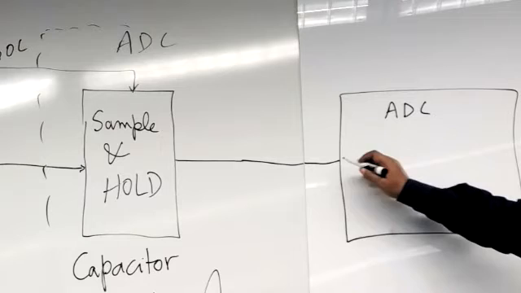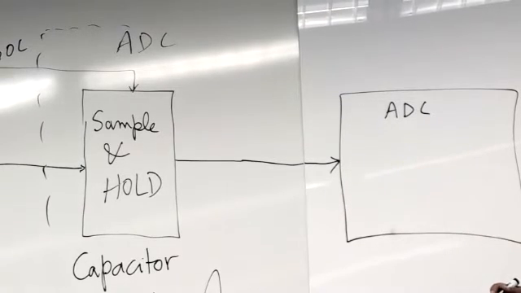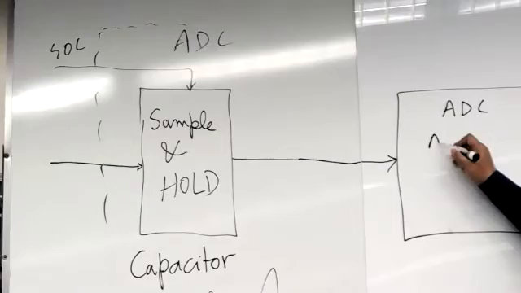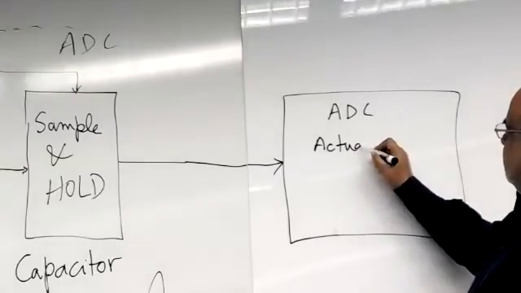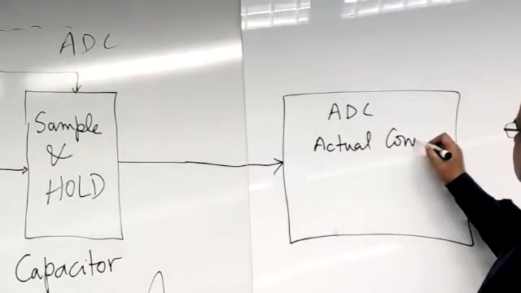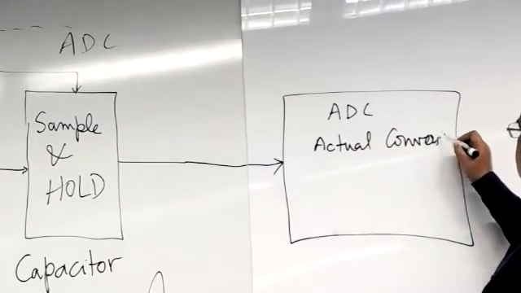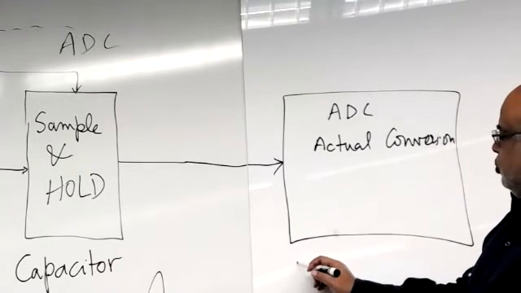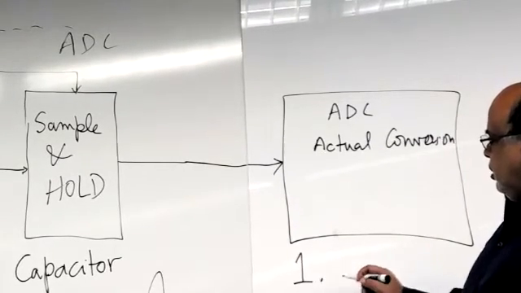तो this ADC then converts this input. Actual conversion takes place over here. So we'll study two types of ADC conversion.